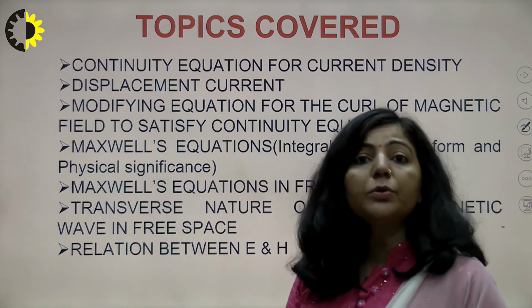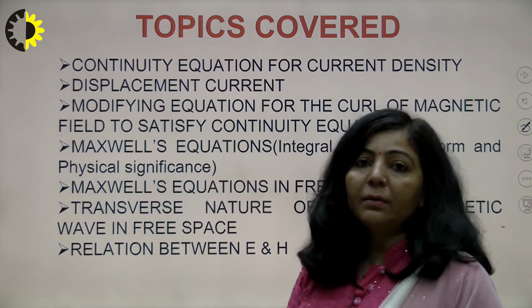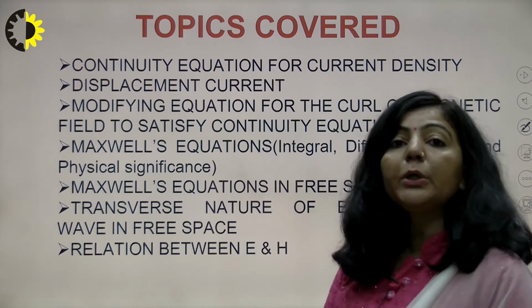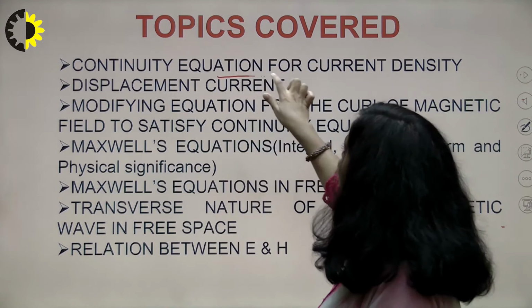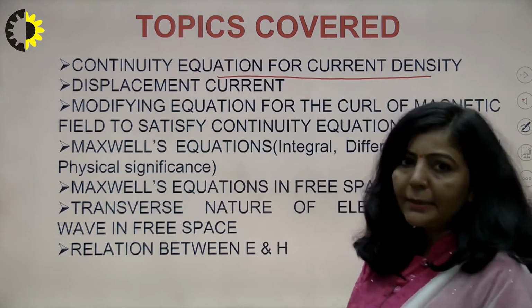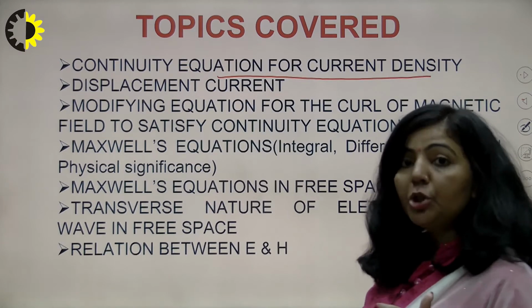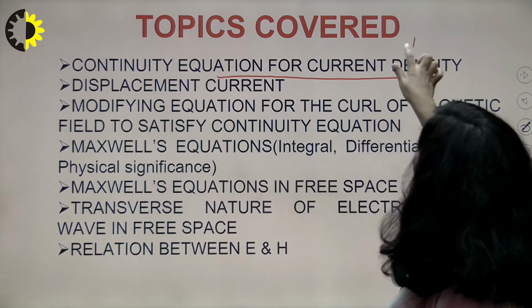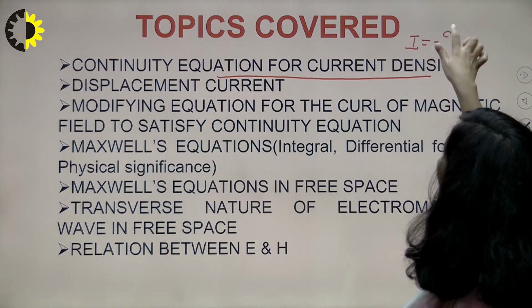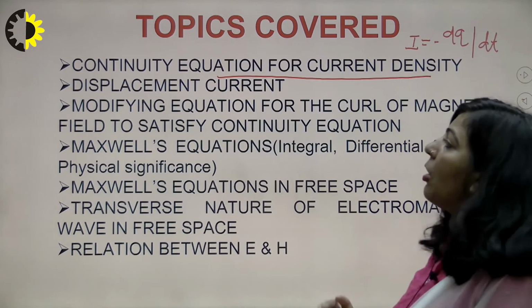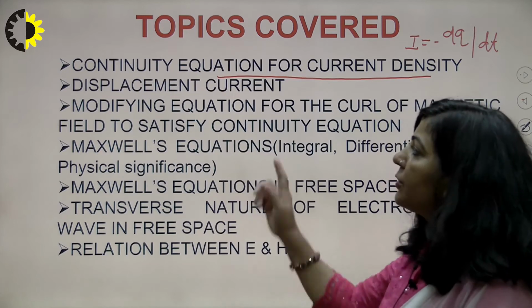How we are going to use those theorems, we will discuss in detail in today's topic. So the continuity equation represents the law of conservation of charge. Basically this equation is the differential form of I equals minus dq upon dt, meaning charge remains conserved, it can never be created nor destroyed. So that was our first topic.